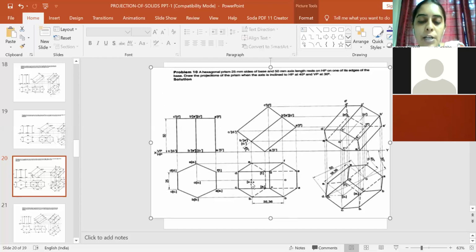After you measure this distance, keep one end of the compass here and cut an arc on the locus of O1. It meets somewhere, and where it meets, immediately you name it O. So O and O1.